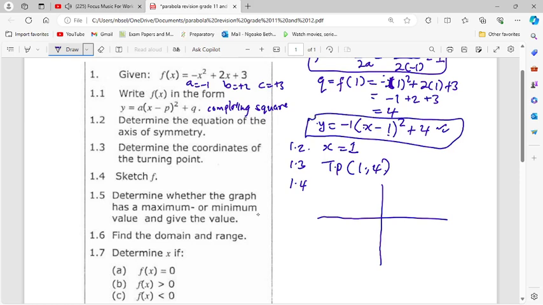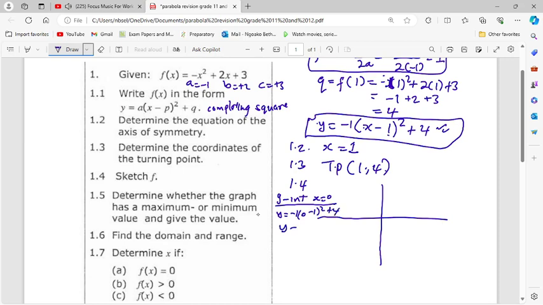So what we'll do here, for the y-intercept, we know that x equals 0. So now it means we'll say y equals minus 1 into (0 minus 1) all squared plus 4.